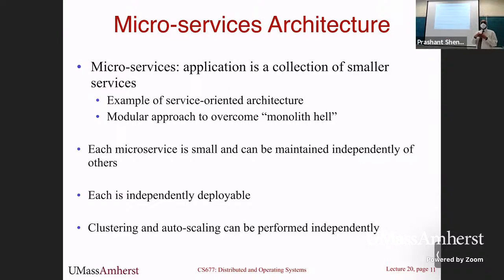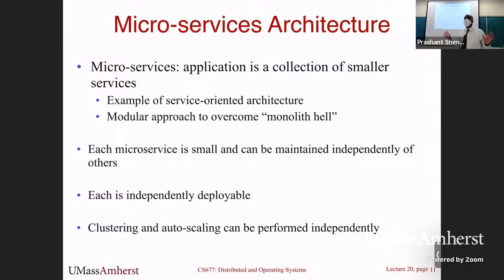So long as the interface doesn't change, you can change internals and so on. Each microservice is small and can be maintained independently of others. More importantly, it can be independently deployable, which means you can take one version of a microservice and swap it out with an updated one without having to bring down the entire application.